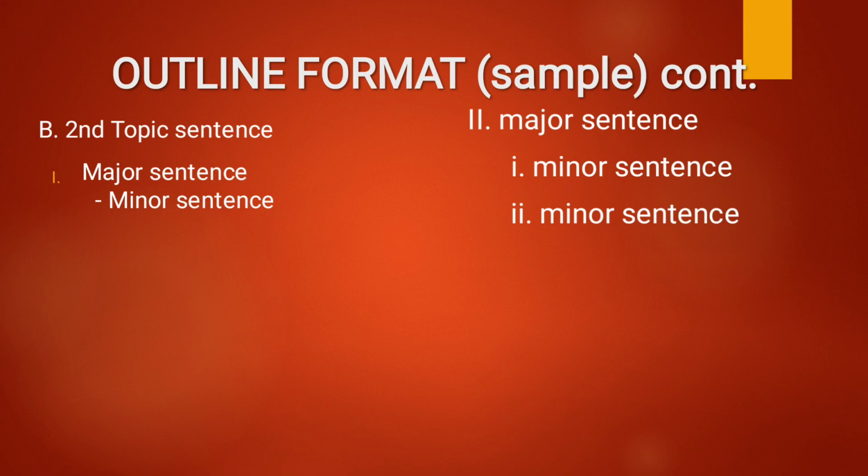Good. Now, assuming that this minor sentence also has 1 sub minor. If you move from major, you come to minor. From minor, you go to subdivision. I hope it makes sense. Good.